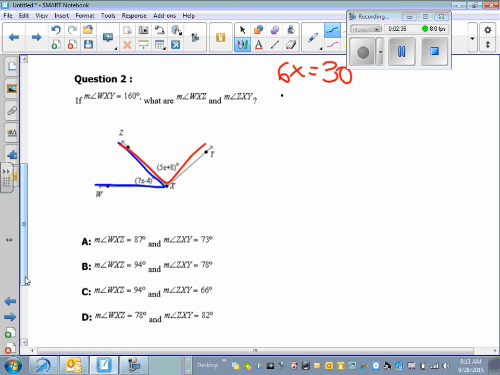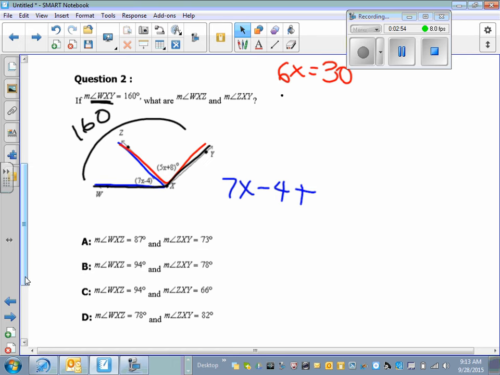And angle WXY, which is the whole thing, is given to be 160. So if they give you the whole thing, you take the two small angles, the blue one, 7x minus 4, plus the red one, 5x plus 8, equals the black one, which is 160 degrees.